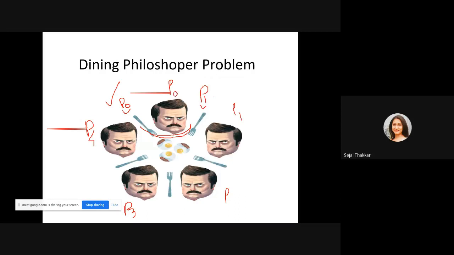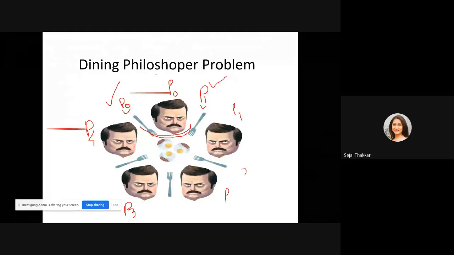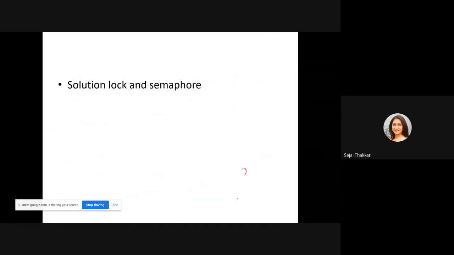For P1, this is the left side and this one is the right side. So P0 needs the P0 and P1 forks, P1 needs the P1 and P2 forks, P2 needs the P2 and P3 forks. These are the numbers given to the forks also.